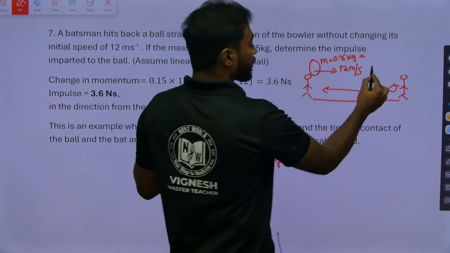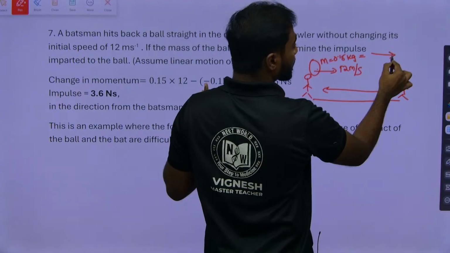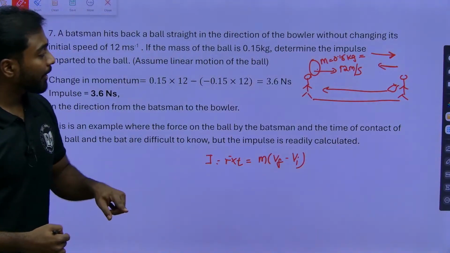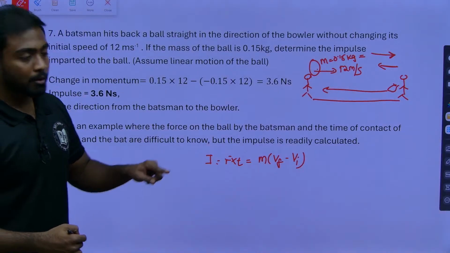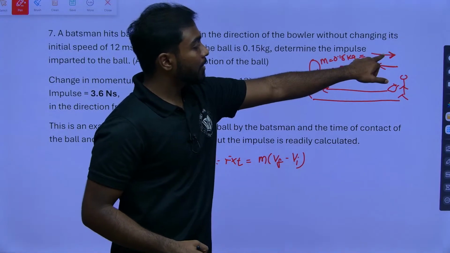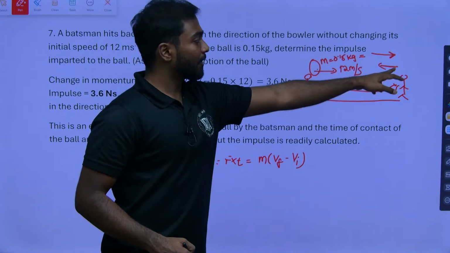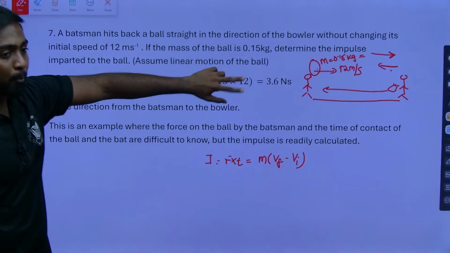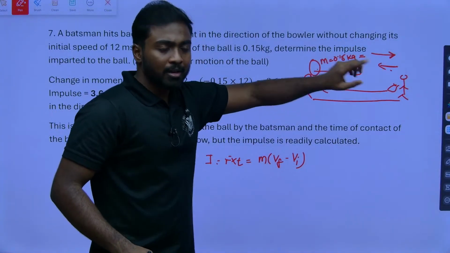One direction is positive and the other is negative. The initial will be going in positive and this one negative. You can assume either direction as positive, but any one you should assume.